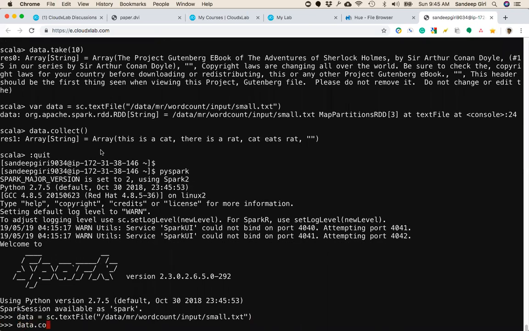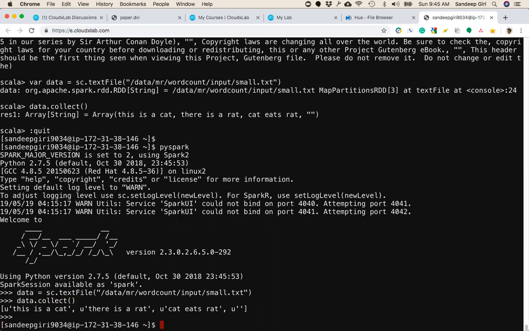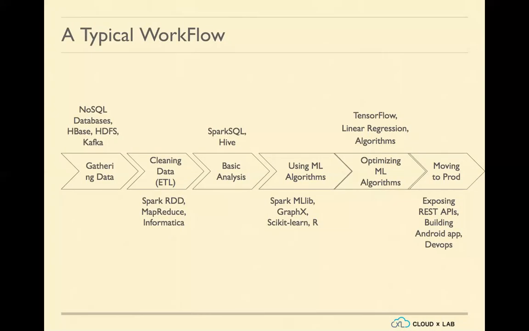You can see Scala is very similar to Python. Similarly, you can also interact with Spark SQL. You can interact with, say, MLlib. You can just import MLlib in your project and start using it.